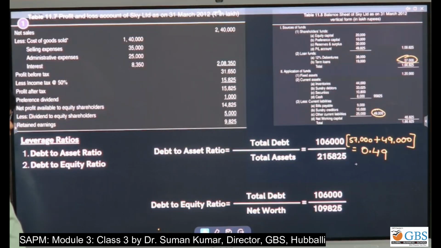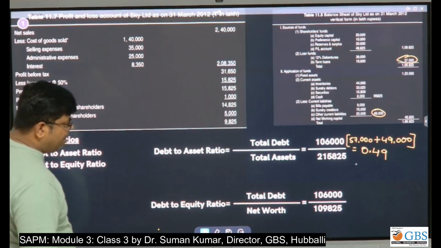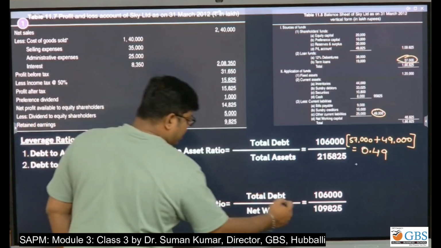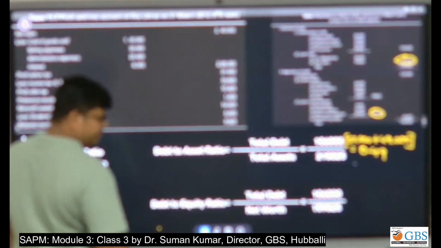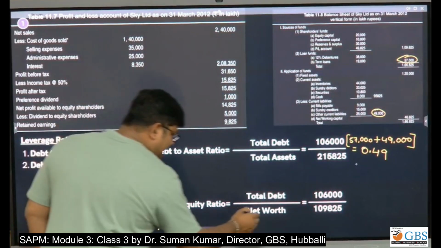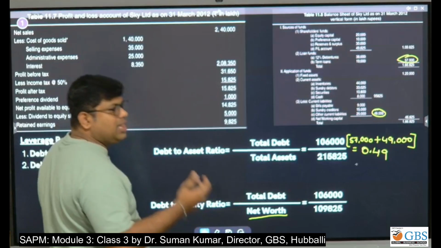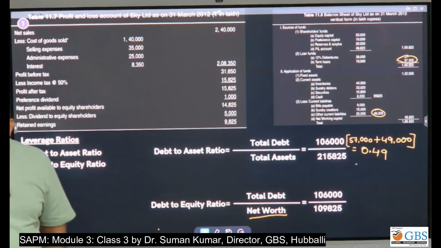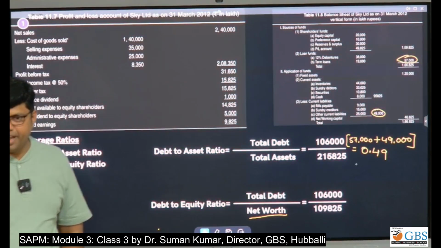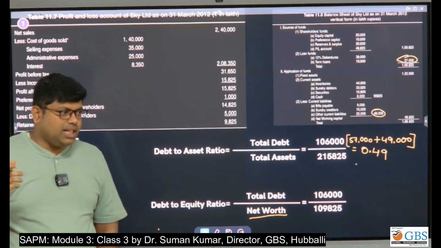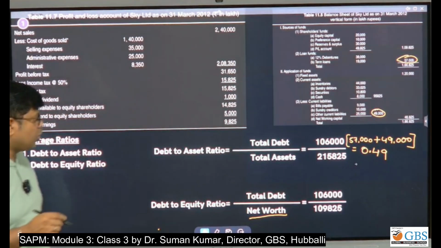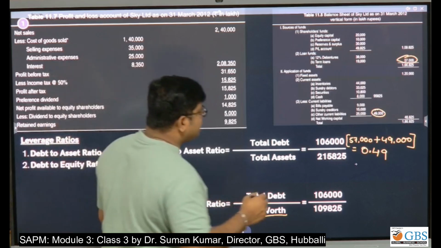Okay, next, debt to equity ratio. Again, the formula is total debt divided by net worth. So now what do you mean by net worth? Net worth is total capital, share capital. Very good. Total share capital. So how much total debt is? 1,06,000.